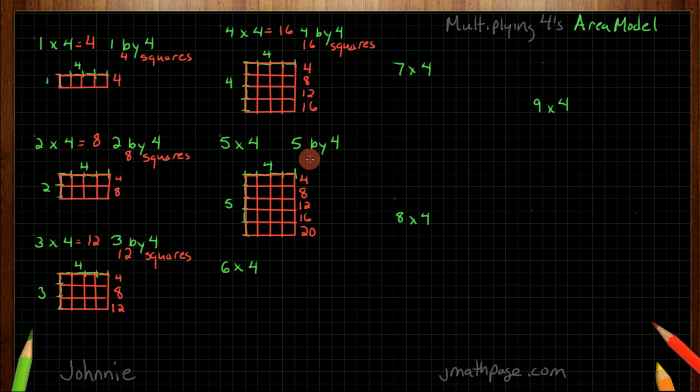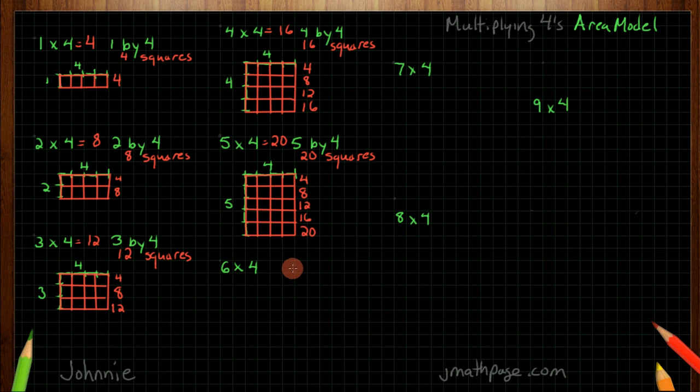This tells us that a 5 by 4 rectangle has 20 squares that fill it. It has an area of 20 squares. Let's write that down. 20 squares. This also tells us that 5 times 4 equals 20.